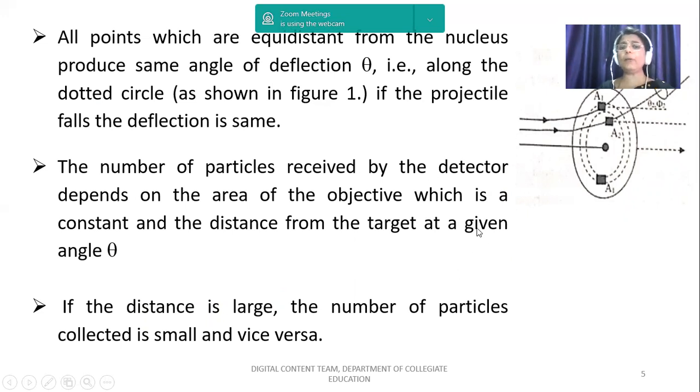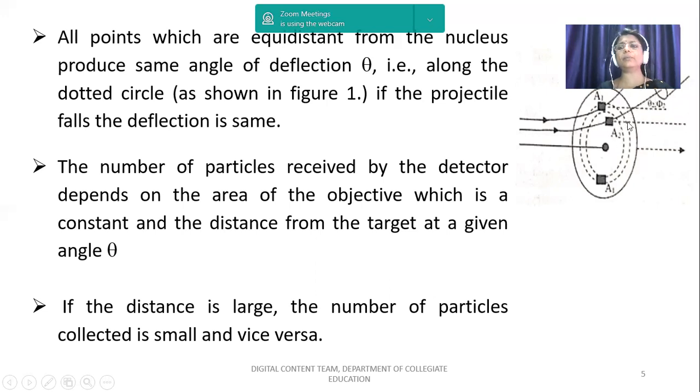The number of particles received by the detector depends on the area of the objective, which is constant, and the distance from the target at a given angle. When I consider this position of the detector, which is at a particular distance from a particular region of zonal influence where the projectile is hitting, that distance matters a lot.